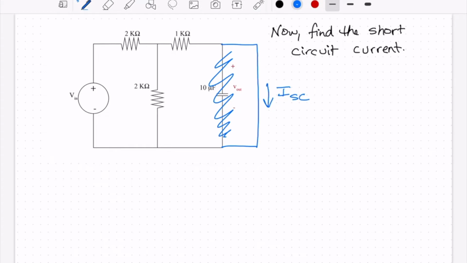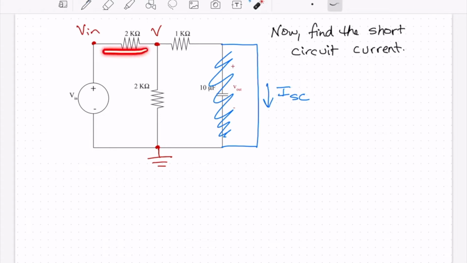So we can go ahead and do our nodal analysis. If I use nodal analysis for VOC, I usually use it for I short circuit, and same thing for mesh. My equations are simple, so my mind is already working in the right direction. Okay, so this node will be, I'll call it V. This node, of course, is Vn. This node down here is ground. And so we have a very simple equation to write.